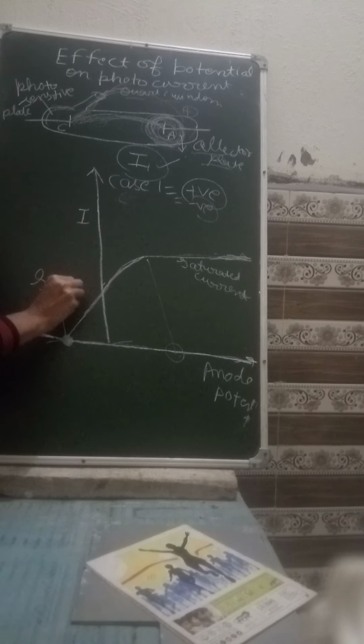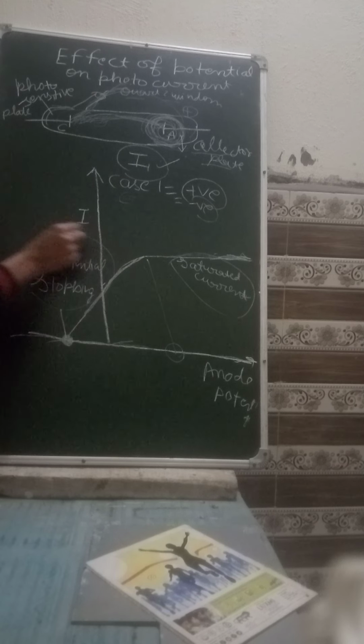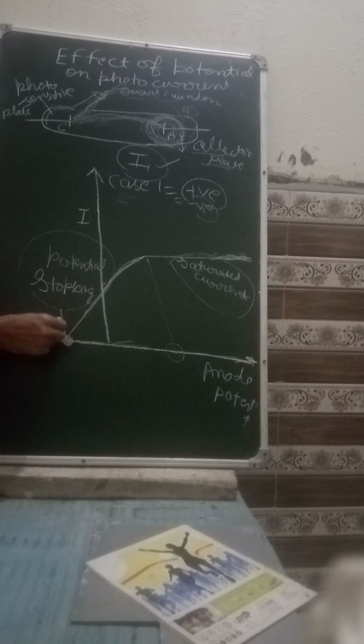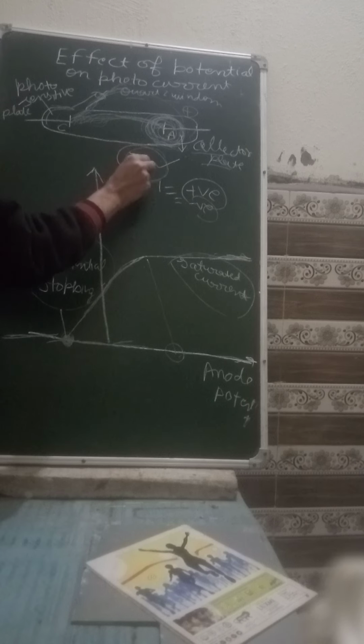The stopping potential is the potential at which photocurrent becomes zero. So one term here is saturation current, the other is stopping potential. Now this is for the intensity I1.